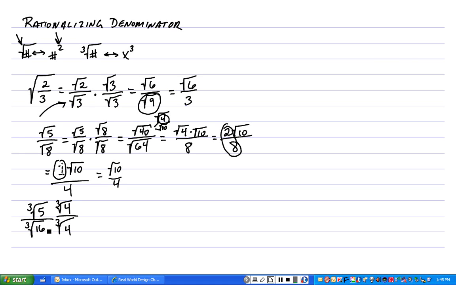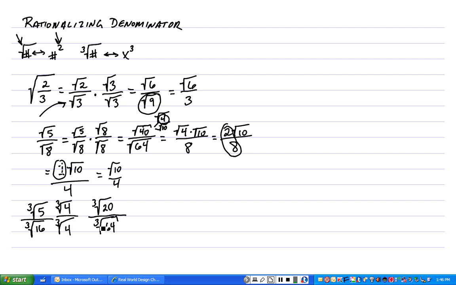So if I multiply 16 times 4, I get a perfect cube. If you go back to the perfect cube list I gave you on the previous screen, you would see that 16 times 4 gives me cube root of 64, which is a perfect cube. And up top in the numerator, 5 times 4 gives me a 20.